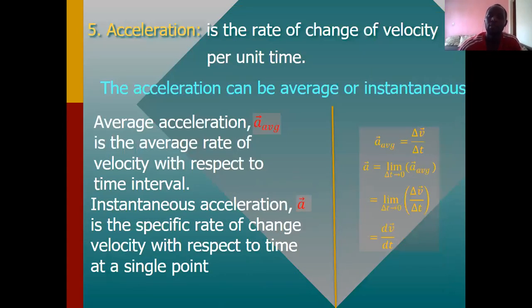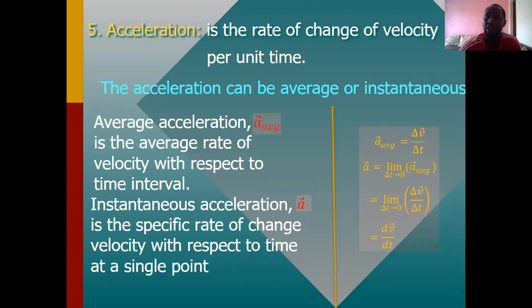The last term to be used to describe an object in motion is acceleration. Acceleration is defined as the rate of change of velocity per unit time. The acceleration is also a vector, and it can also be average or instantaneous.